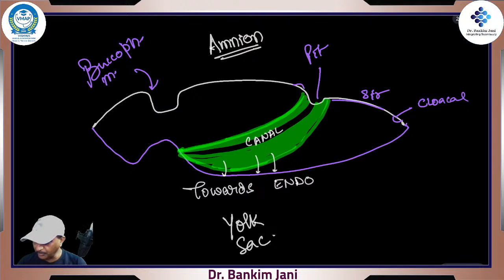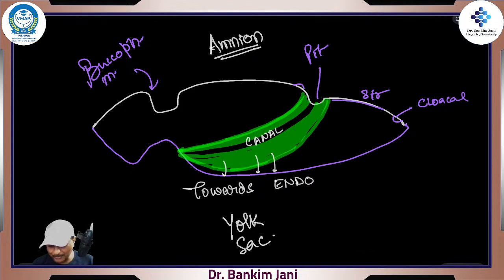We are about to watch one very classical thing, what is called the neuranteric canal. There is lots of confusion about where exactly this neuranteric canal is. As this develops, now the lower portion, see how interesting.